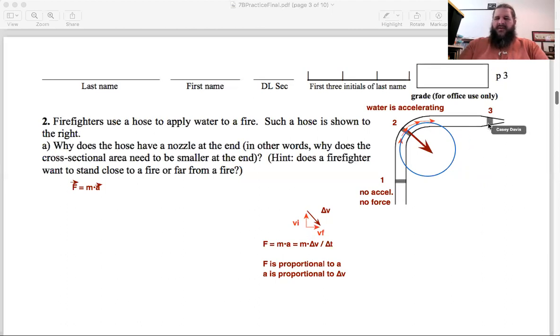And then what's happening at location 3? As the pipe gets narrower at the nozzle, what's happening to this piece of water? Yeah, the velocity is increasing. It's getting faster and faster. So at location 3, the water is also accelerating.